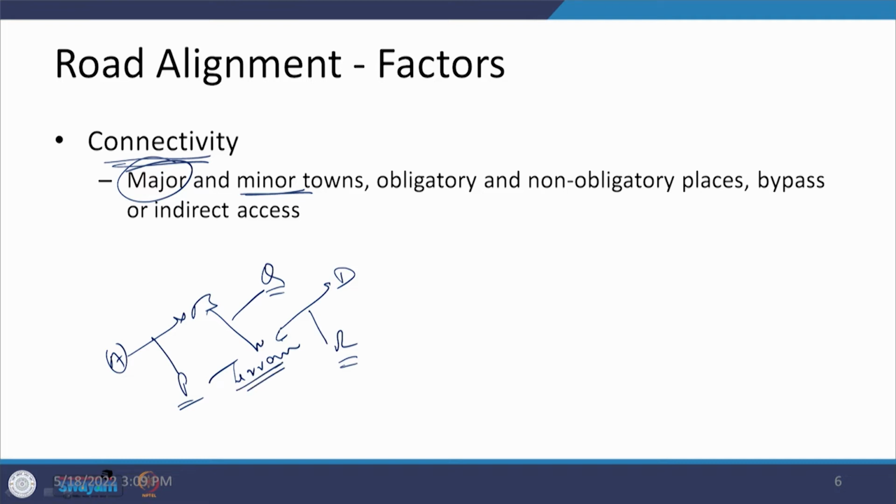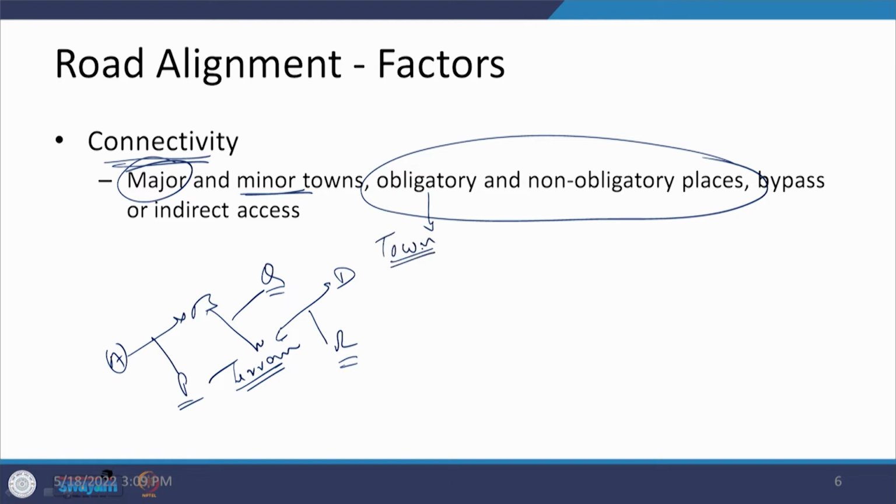Now, one aspect is a set of obligatory and non-obligatory places. Say if we say obligatory, the town which needs to be connected, that is an obligatory location, you have to go through that. Or say there is a river, you need to cross through that.